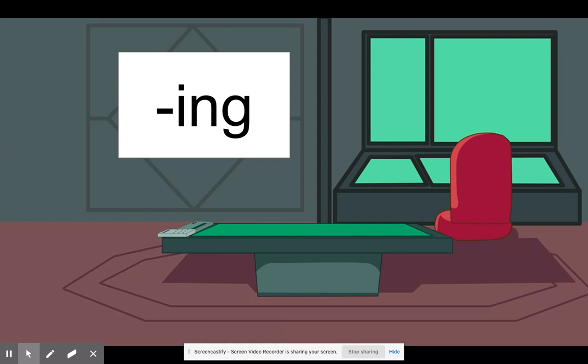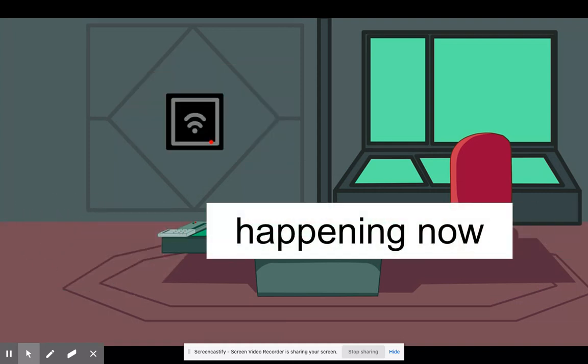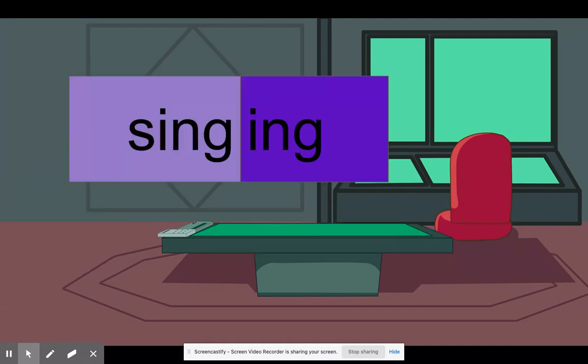It attaches the meaning happening now. So let's look at some examples. Singing. Sing is the base word. If you attach ing on the end of sing, that means it is happening now.